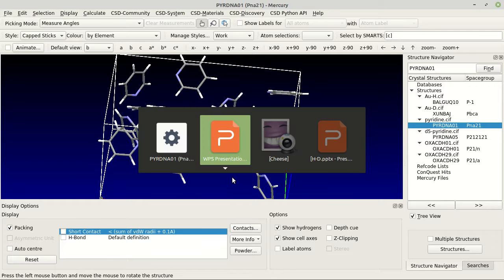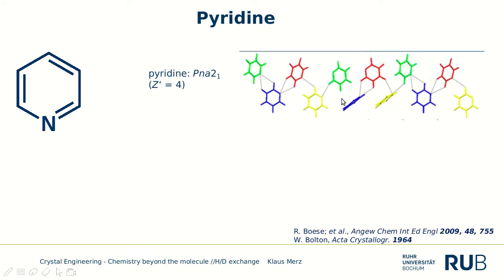Keep in mind, we have 4 pyridine molecules, and they are symmetrically independent. It's not possible by using symmetry to switch from the green pyridine to a blue one, a red one, or a yellow one. There is no symmetry relation between these 4 molecules.